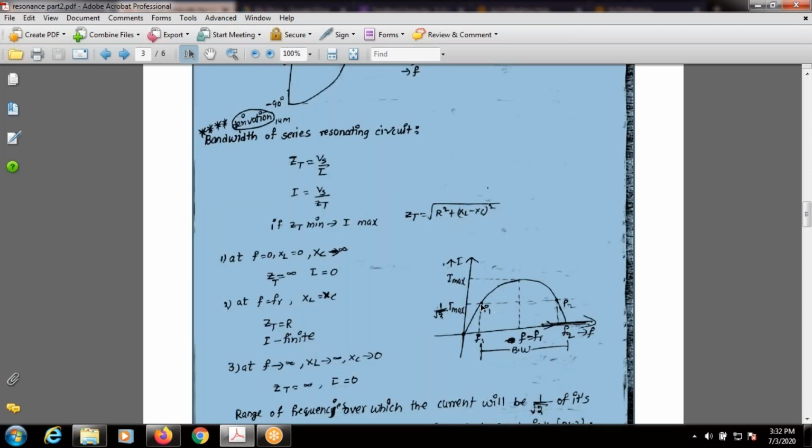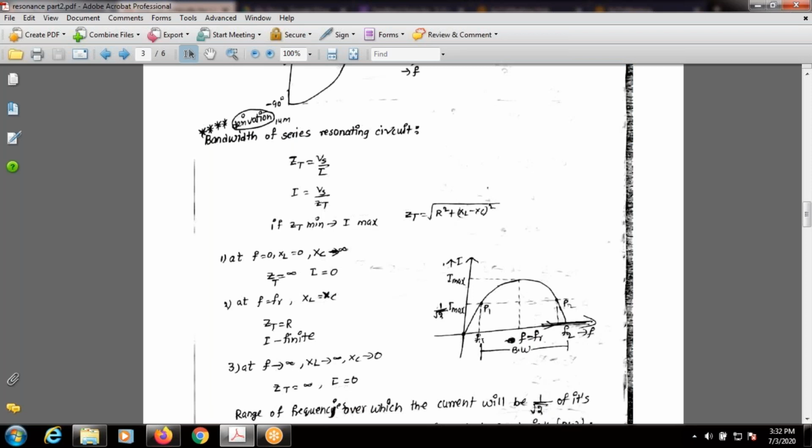Indicate that point. At that point, the corresponding frequency is F1. Similarly, at P2, on the reducing side, the corresponding frequency is called F2. Now the bandwidth is defined as F2 minus F1.